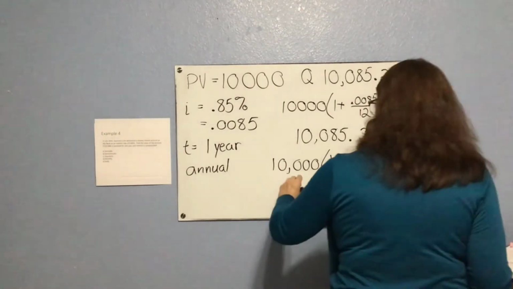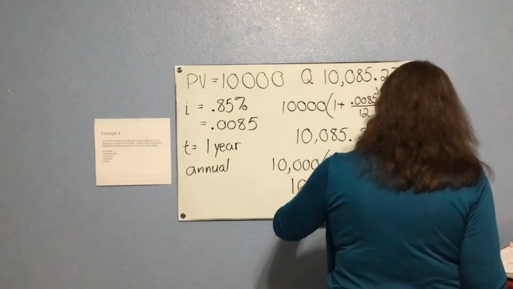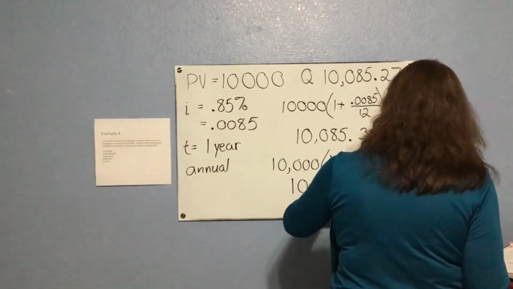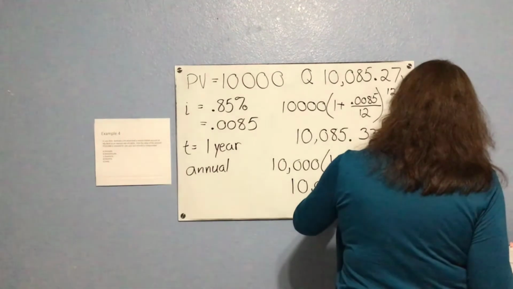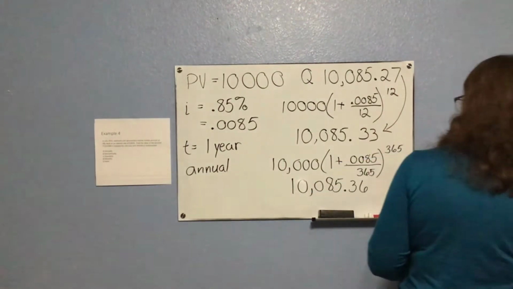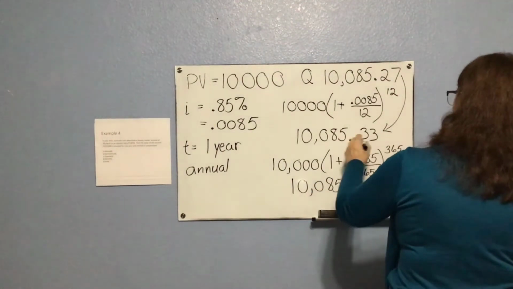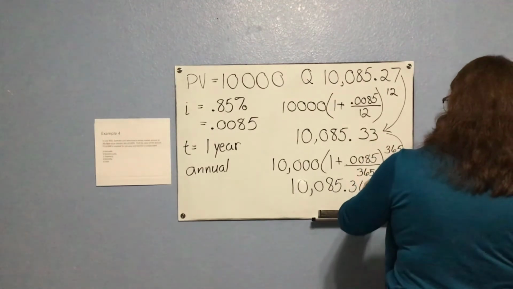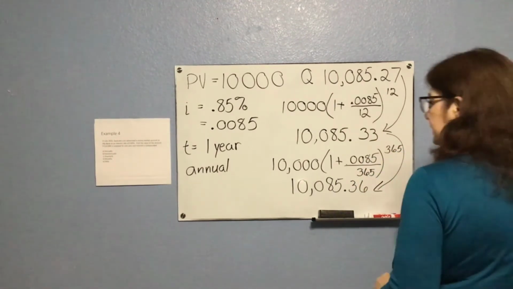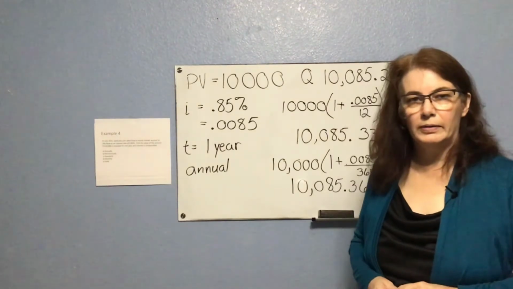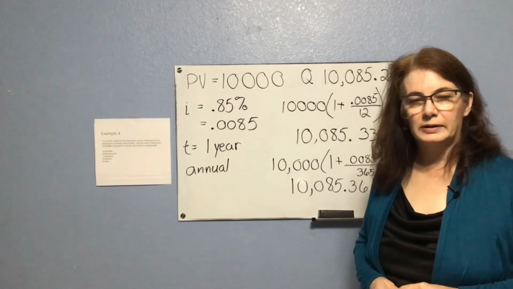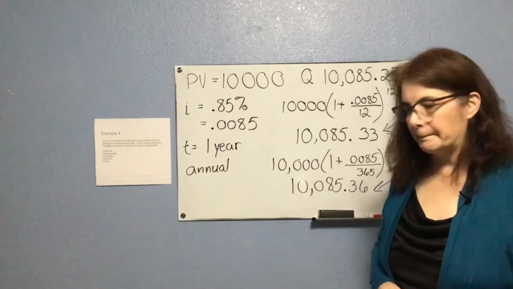And this gets us up to 36 cents extra. So going from monthly to daily earned me an extra 3 cents. Pause your video and work some problems similar to this in checkpoint 3.